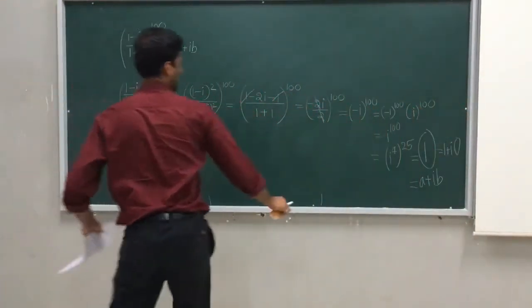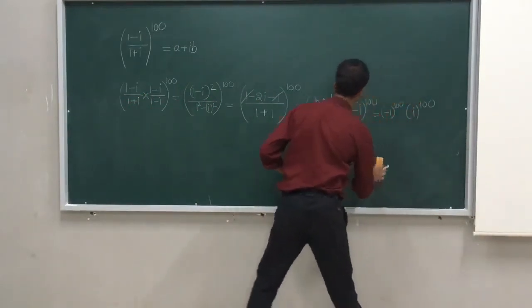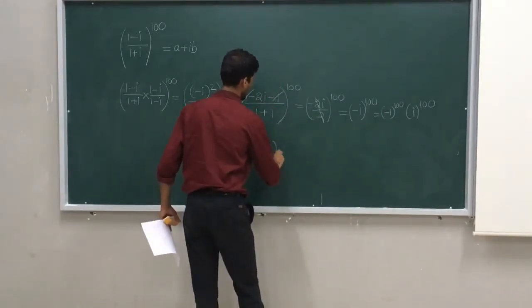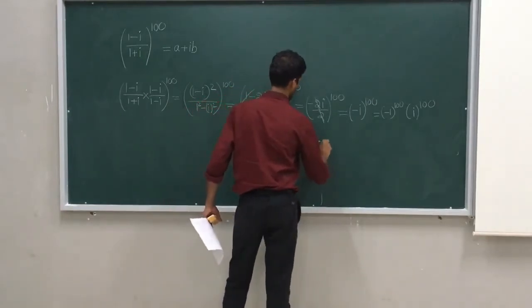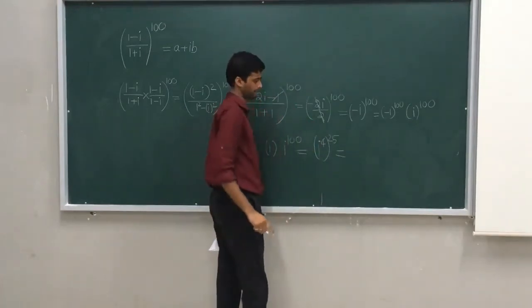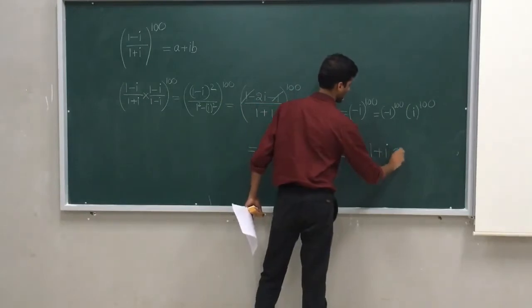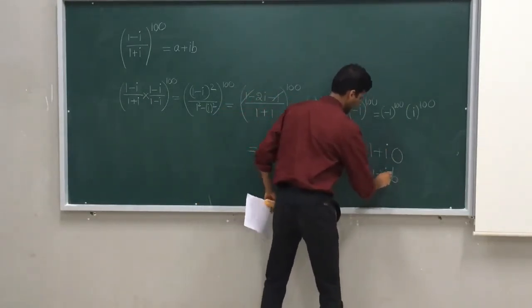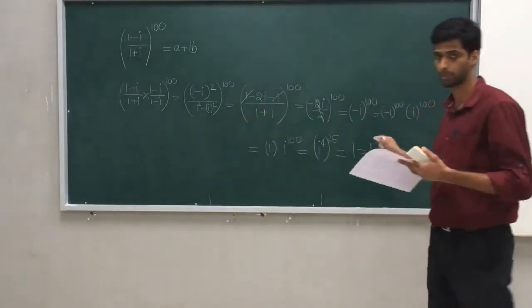So, continuing: minus 1 power 100 is 1, and i power 100 is nothing but i power 4 to the power 25. i power 4 is 1, so 1 power 25 is 1. 1 can be written as 1 plus i times 0. I will compare it with a plus ib. I got a is 1, b is 0. So option B is the right answer for this particular question.